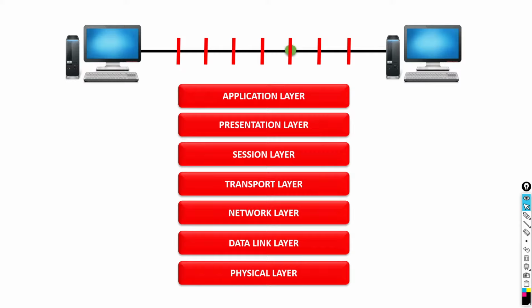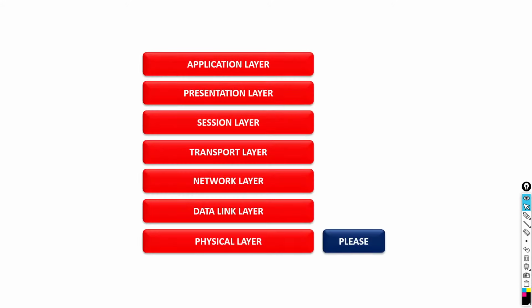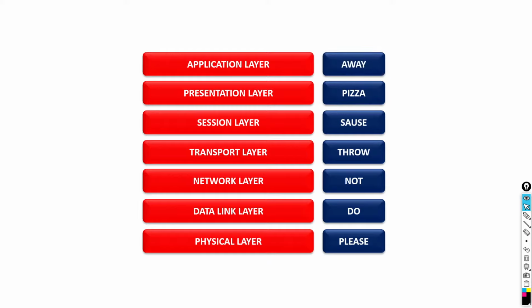If you find it difficult to remember the 7 layers of OSI model, there is a very, very small trick that will help you to remember them. Just remember one sentence: please do not throw sauce pizza away. It will help you to remember all the 7 layers in a serial order.